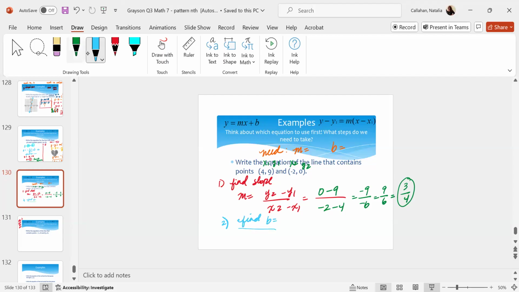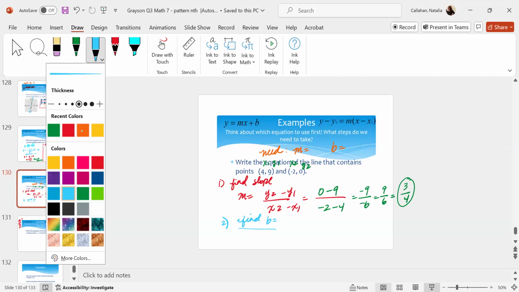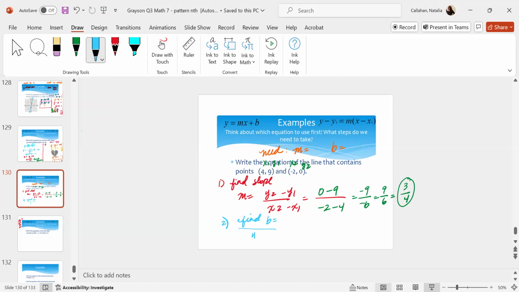Next thing we want to do is find b. So let's use y-intercept form. So y equals mx plus b, right?